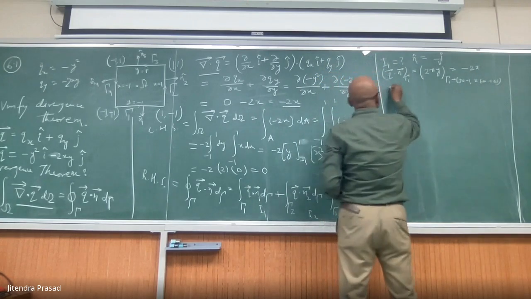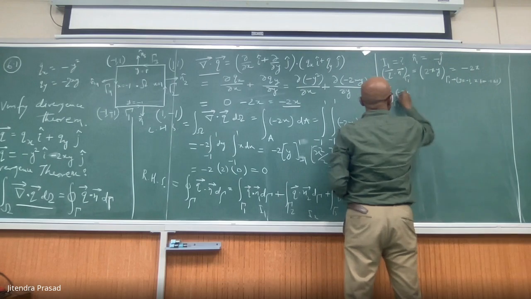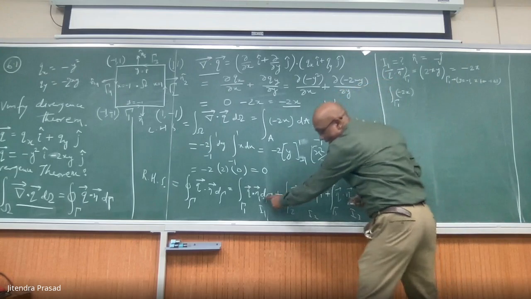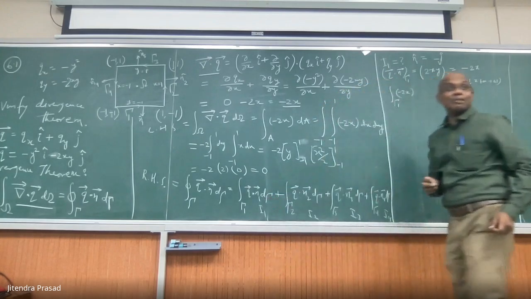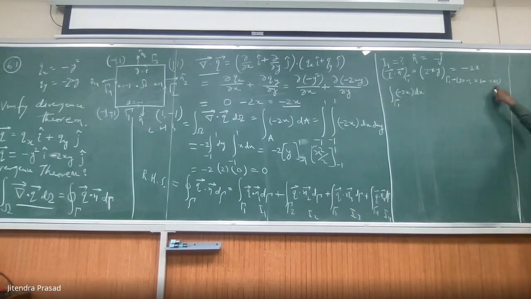And then we have to integrate over gamma 1 the value minus 2x, and we have the d gamma. d gamma means dx basically, because x varies from minus 1 to 1.